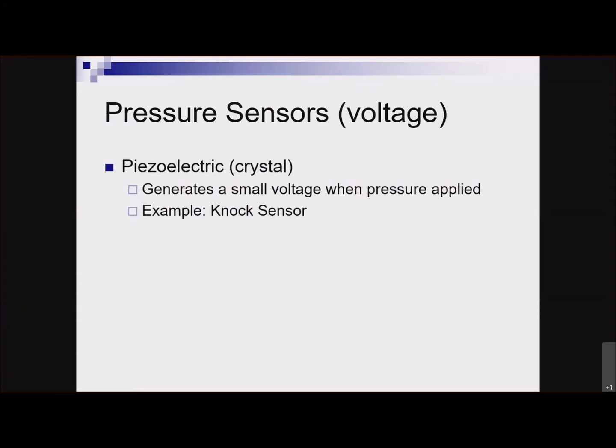That's why they call it tuned. It's basically when it vibrates at the frequency resembling engine knock, that's when it generates the voltage. In order to test these, believe it or not, you can tap on the engine with a hammer while watching the knock sensor voltage, and that vibration in the engine block will actually cause that knock sensor to put out a small voltage.